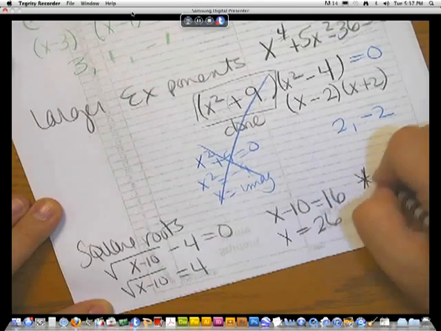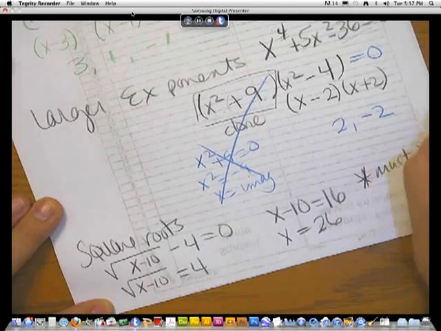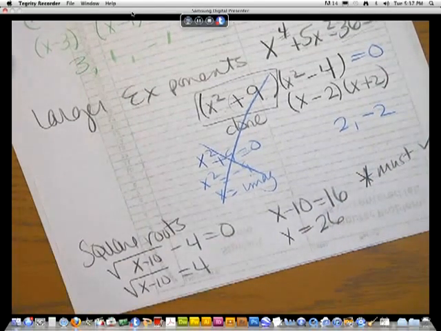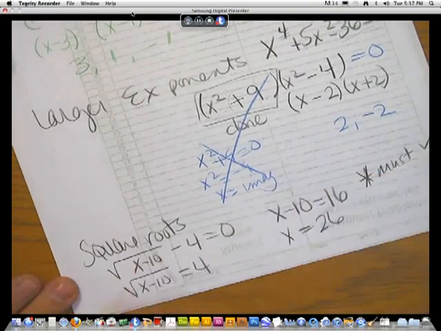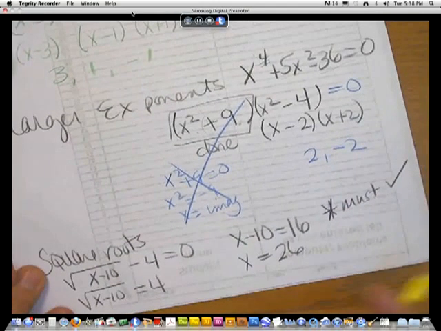You must check. Just like we have to check with fractions, we have to check with absolute values, we have to check with square roots. You always must check those specialties: square roots, absolute values, and fractions. You must see, does this actually work?